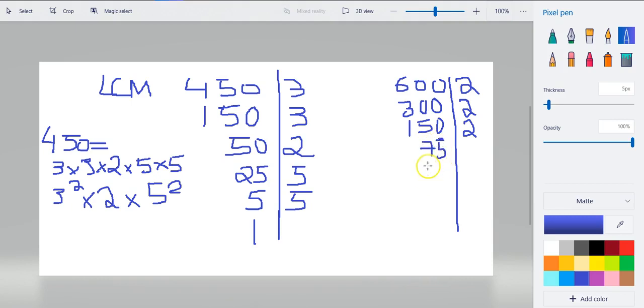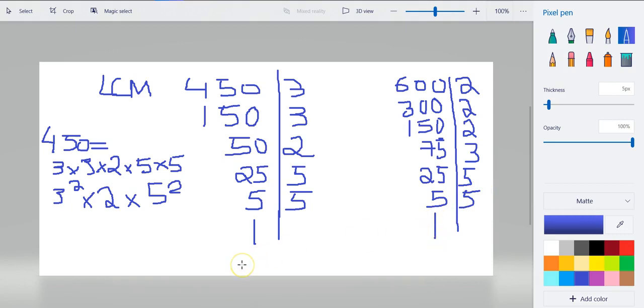And now we know that this number can be divided either by 3 or by 5. If we divide by 3, we get 25. Right? 25 times 3 is 75. And then we know that we can divide this number by 5, and this will give us 5. And then 5 can be divided by 5.